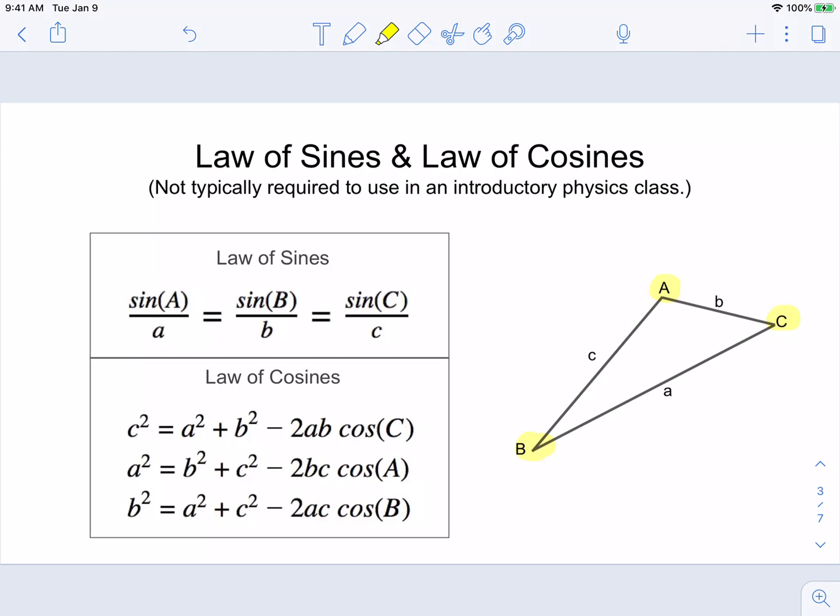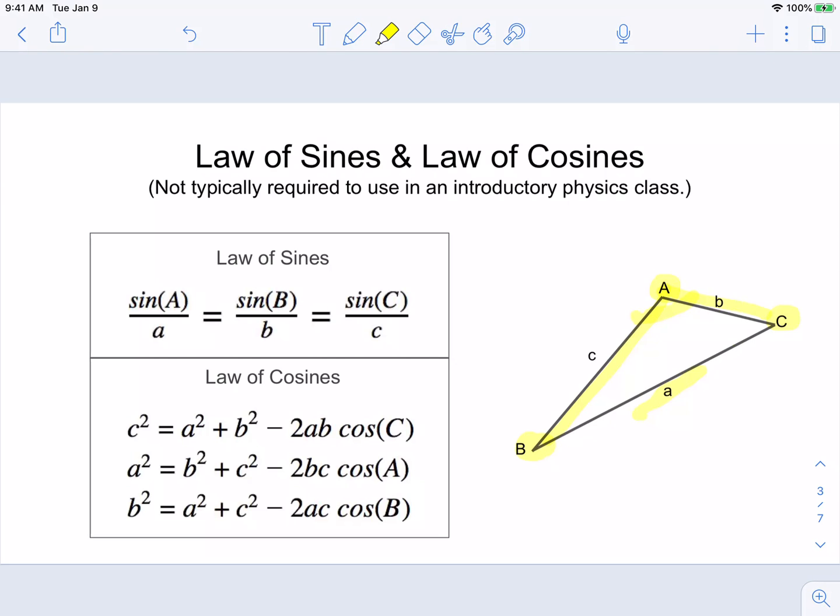So if you look at where angle A is, across from angle A, that side of the triangle is lowercase a. Again, it has to be the side of the triangle that is across, not one of the sides that make up angle A. If you look at angle A, it is created by side B and side C. Okay, but over here at the bottom, we can see side A.